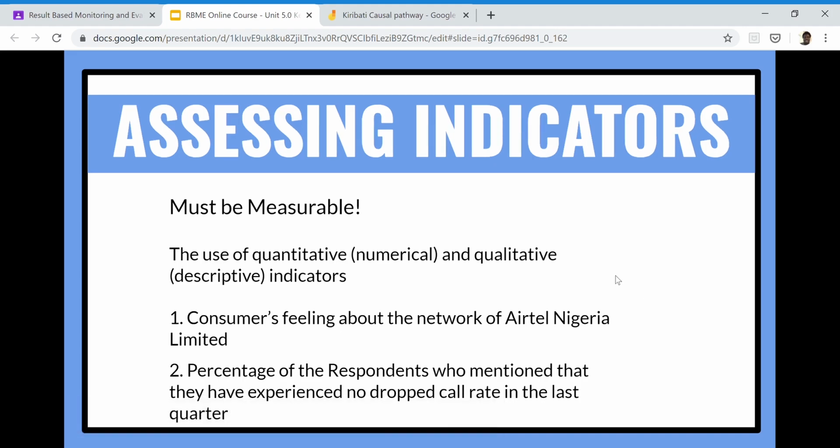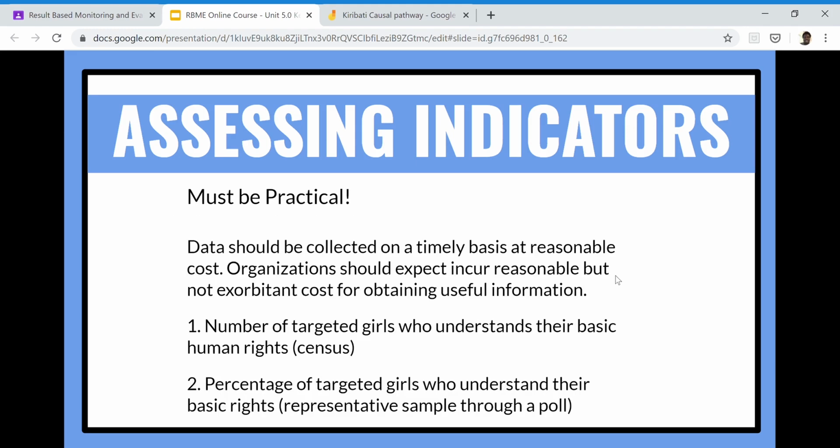You could see that indicator two can be easily measured than one, because you might not necessarily be able to measure consumers' feeling. But you can take a percentage out of your respondents who actually mention no drop call rate. So let your indicators be measurable when you're putting them together.